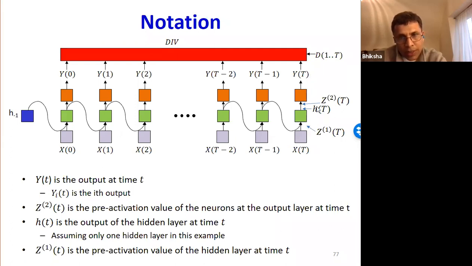So Z superscript 1 represents the affine value at the first hidden layer. H_t is the hidden state. Here I have only one hidden layer. Z superscript 2 is the affine value at the output layer, and y_t is the output of the output layer. This is just the notation.